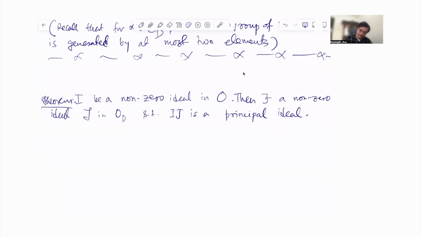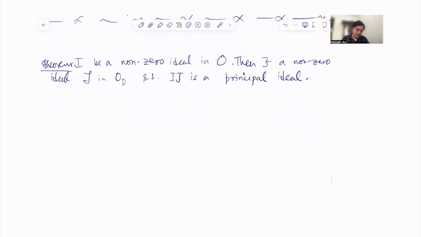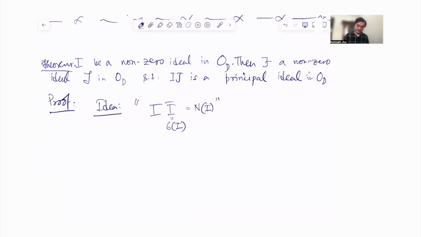If I is a non-zero ideal in O_D, then there exists a non-zero ideal J in O_D such that IJ is a principal ideal, everything happening in O_D. Proof: the idea is that you consider I and take I bar, defined to be sigma of I, and then I times I bar is equal to the norm. This is the intuition.